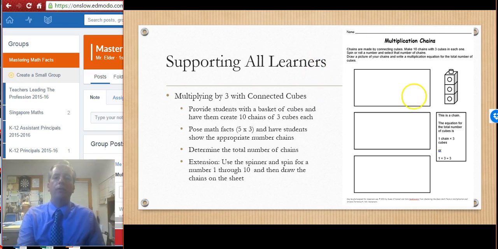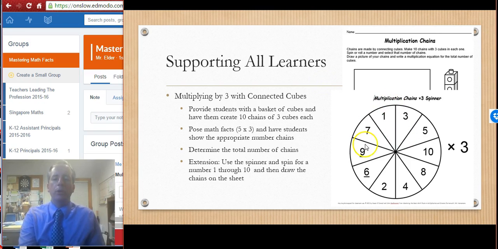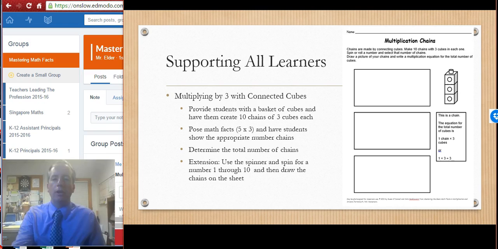Then we have for the actual activity, so once they understand the point of this or how they're going to do it, we have a spinner for them here. And so they're going to spin the spinner, they're going to multiply it by 3, and when they multiply it by 3, so let's say I get 8, well then what am I going to draw on my paper? I'm going to put 8 stacks of 3 on my first one.